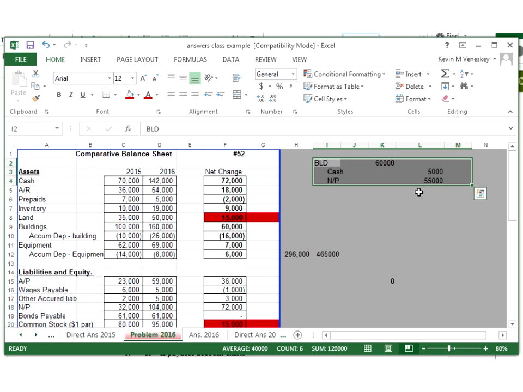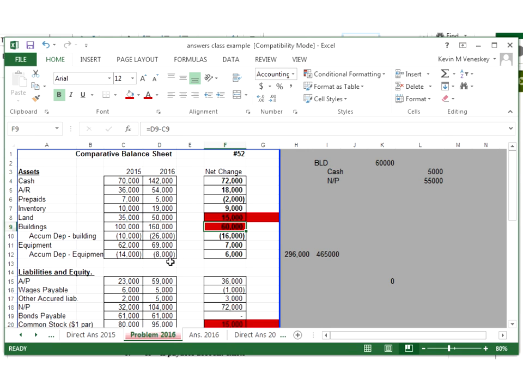So did this transaction involve net income? Nope. Did it involve cash? Yes, but just a very little amount, just the $5,000. So when I'm going to my statement of cash flows, that's the only amount that I want to show for my difference in building. Even though the building went up $60,000, I'm not going to use that.